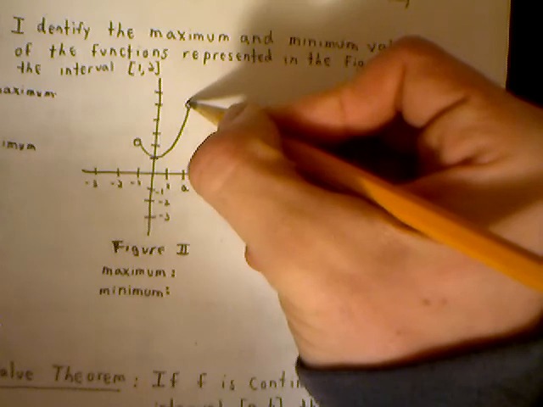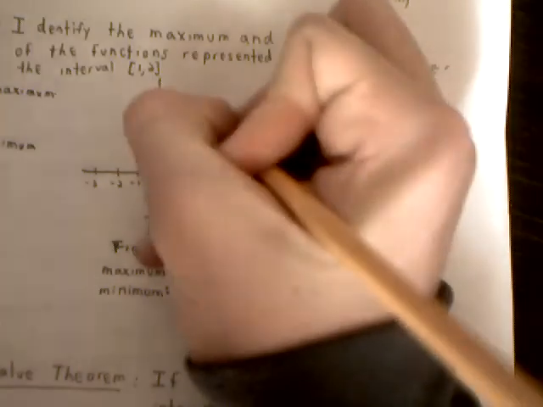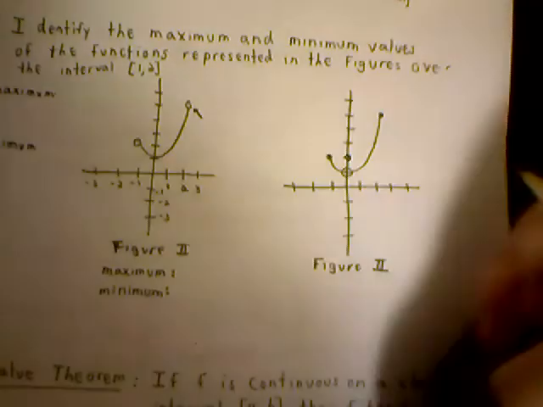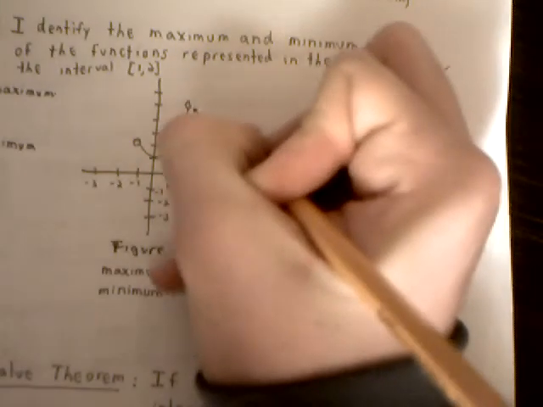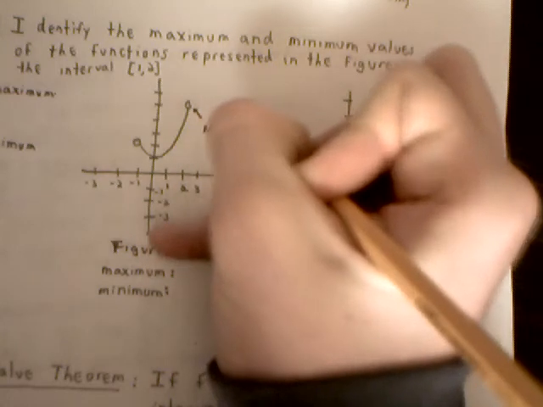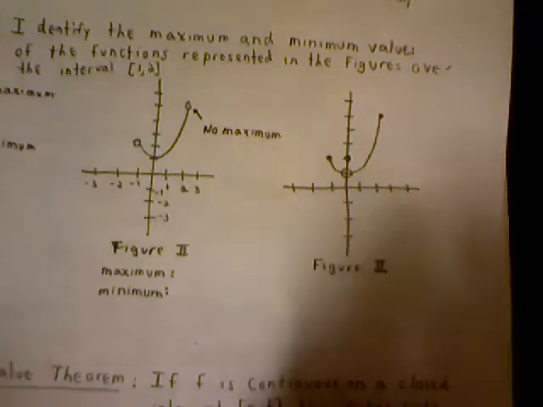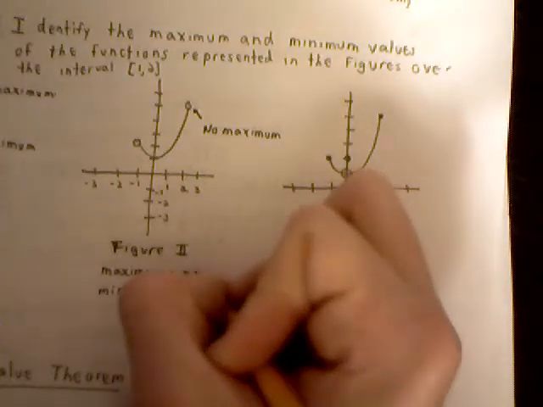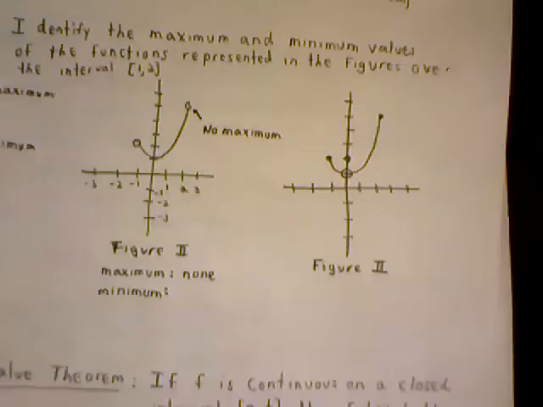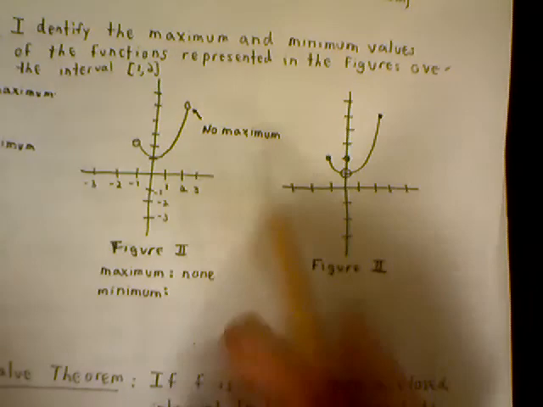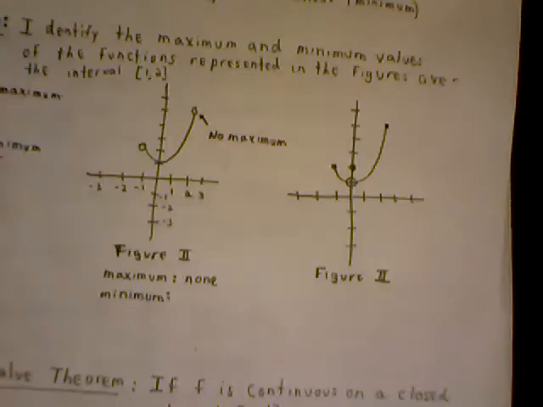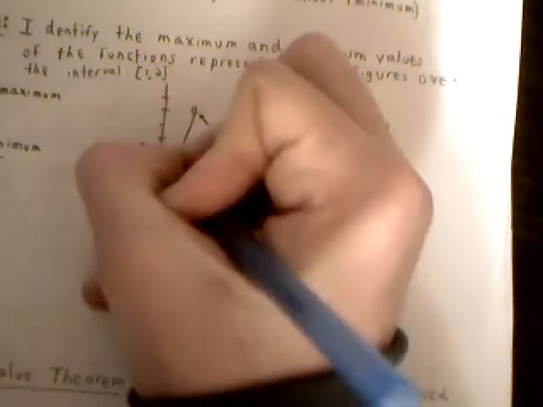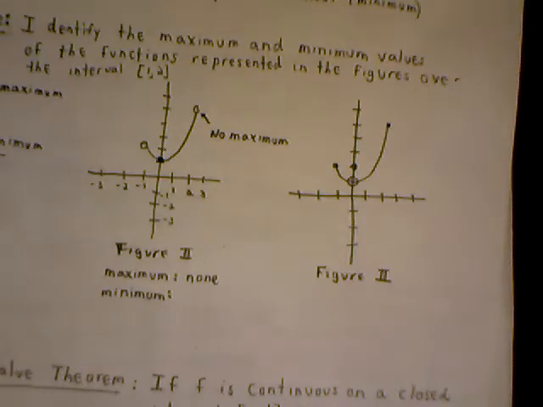I can't actually find the maximum for this function on this open interval. So I'm going to say there's no maximum. It's not defined at that maximum. And then for the minimum, I still see this point right here. We do have a minimum. It's still 1.